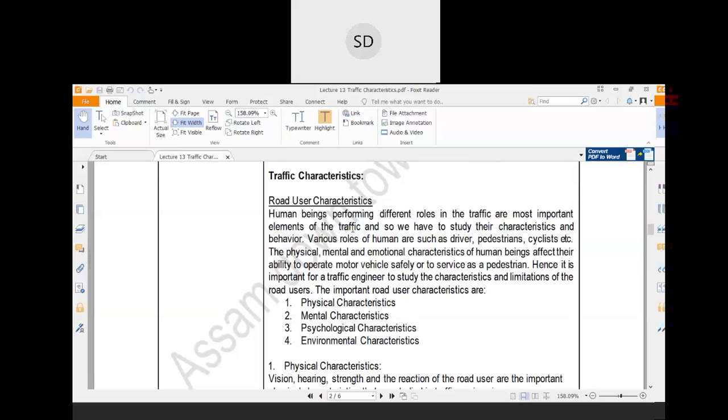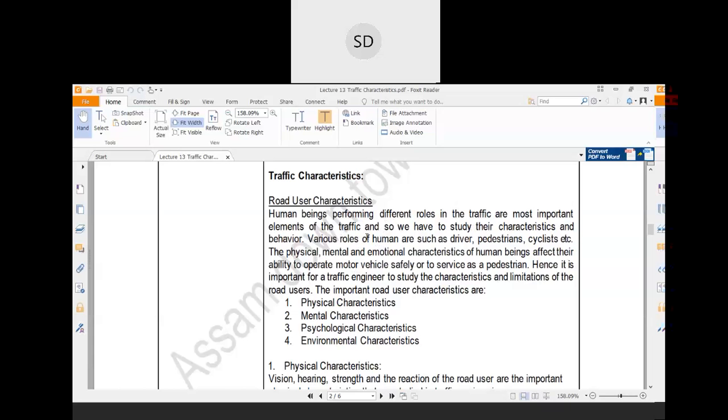Now, as a vehicle cannot drive by itself, somebody has to drive it. Therefore, with the movement of the vehicle, some uncertainty is also associated, because vehicles are driven by the users, or the drivers, and they have different psychological and other characteristics.